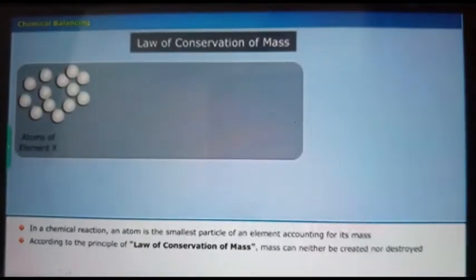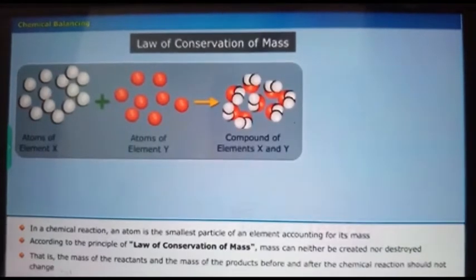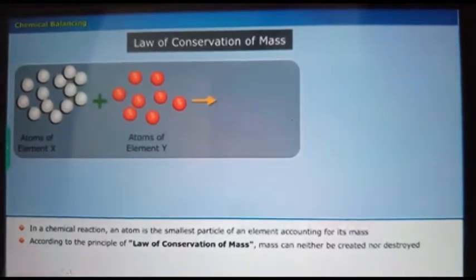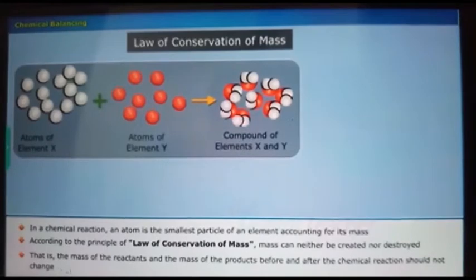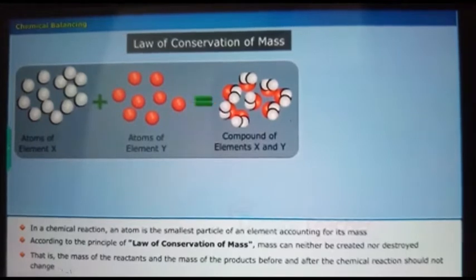Chemical balancing. In a chemical reaction, an atom is the smallest particle of an element according to its mass. According to the law of conservation of mass, mass can neither be created nor be destroyed. That is, the mass of the reactants and the mass of the products before and after the chemical reaction should not change.